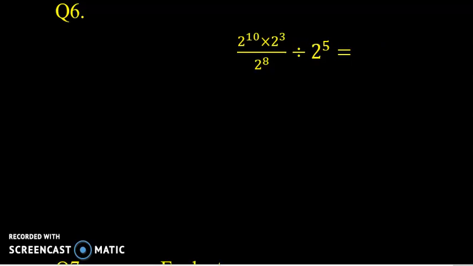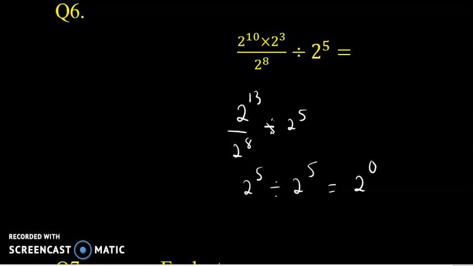So right here it's going to be 2 to the power 13 over 2 to the power 8 divided by 2 to the power 5. If we simplify this, it becomes 2 to the power 5 divided by 2 to the power 5, which is the same as 2 to the power 0, because 5 minus 5 is 0.